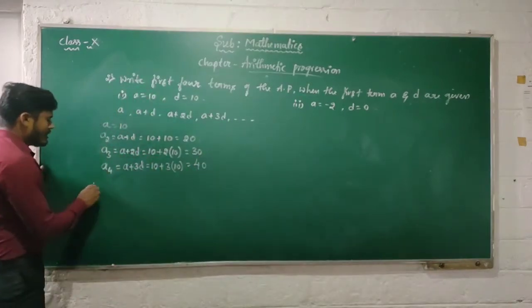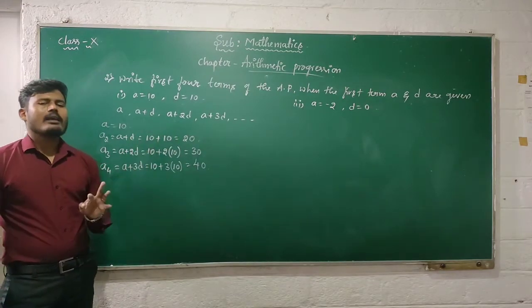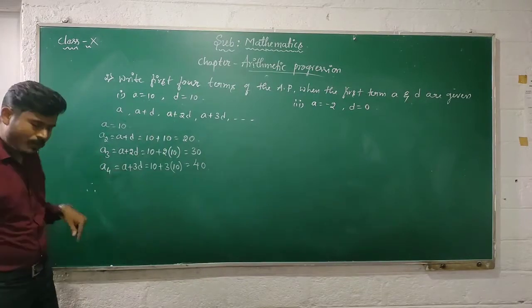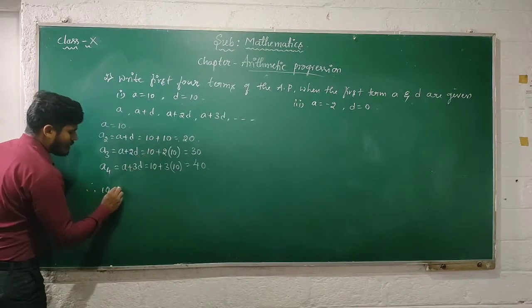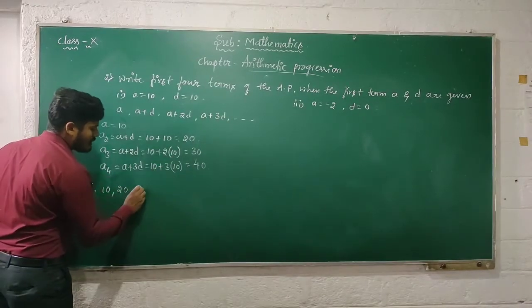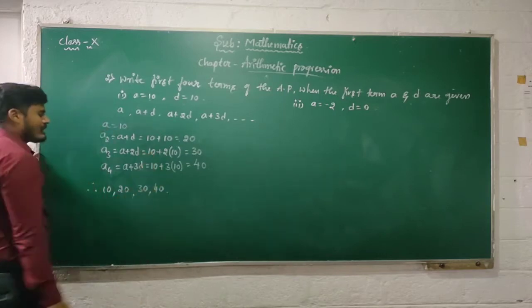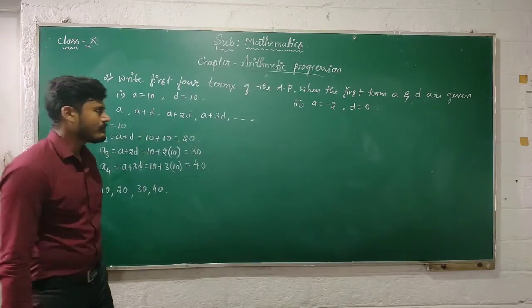Therefore, the first four terms of the given AP whose first term is 10 and the common difference is also equal to 10 are 10, 20, 30 and 40. These are the first four terms of the given values.